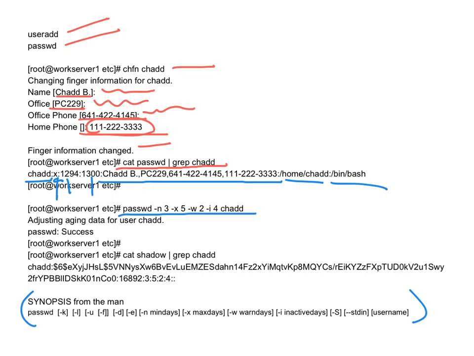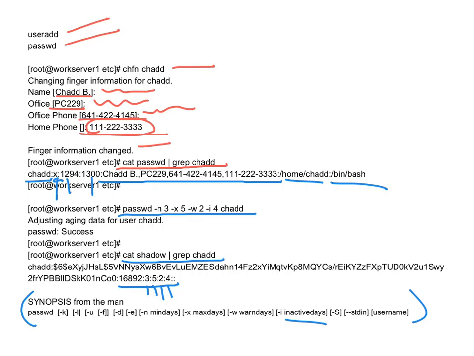And then I went in and we looked at the shadow file, and you can see those things have been adjusted in terms of the password. Minimum days, maximum days, so you got to change it in 5 days. 2 days of warning, and then 4 days of what I would call grace before it becomes inactive.